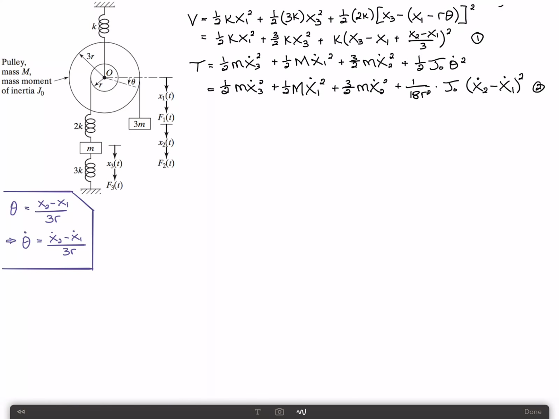So the next step is to substitute these into Lagrange's equations. Let me write out Lagrange's equations here for reference.